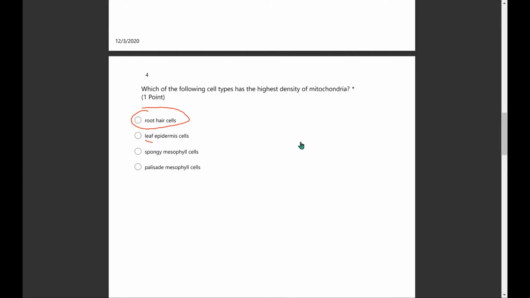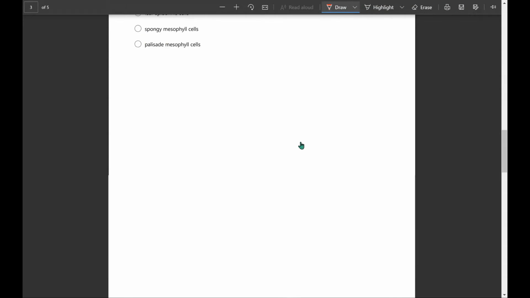For leaf epidermis cells, in their roles, they would not perform processes like active transport. So comparing these two, epidermis cells should not have the highest density of mitochondria. And for mesophyll cells in the leaf, we can say they have a high density of chloroplasts or chlorophyll instead of mitochondria.